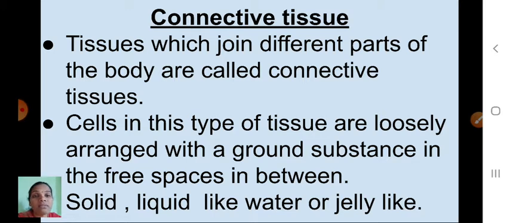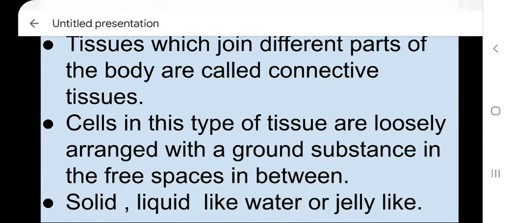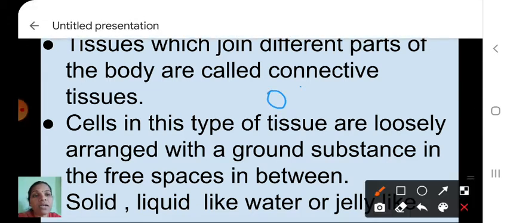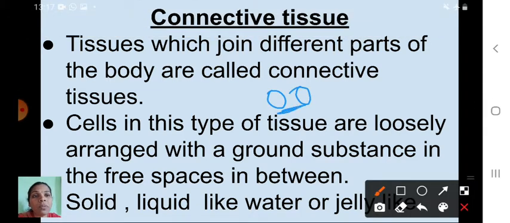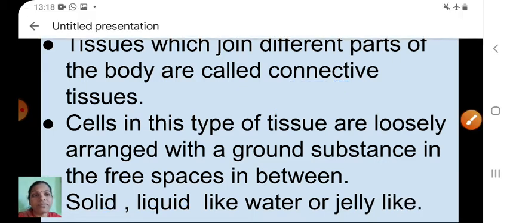The cells are loosely arranged, and in the space between them the ground substance is present. You will study the name of the ground substance in your higher standard. Okay children, shall we go to the next one now?